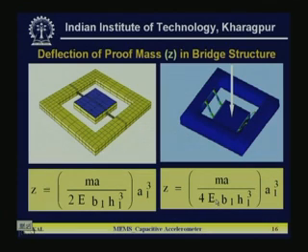Here also H1, A1 and B1 are respectively the thickness, length and width of the flexures. M is the mass of the proof mass, A is the acceleration, and E is the modulus of elasticity. So, the simple relations for the proof mass deflection for the 2 flexure bridge and 4 flexure bridge are shown below.